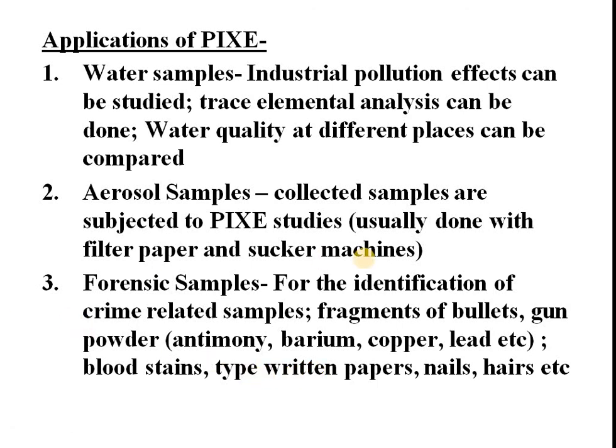You may be knowing some of the major crimes around the world were probed using the PIXE methods. So PIXE has played a great big role in unearthing many of the crimes.